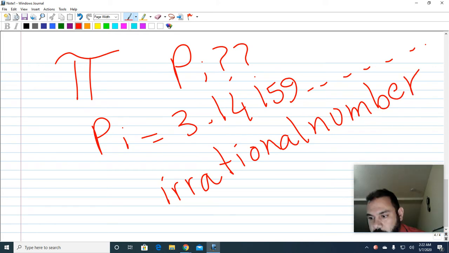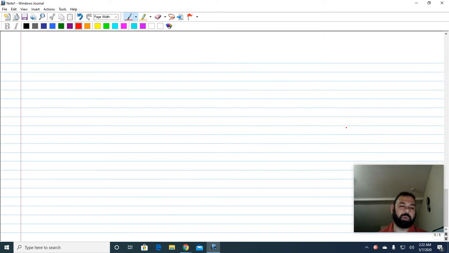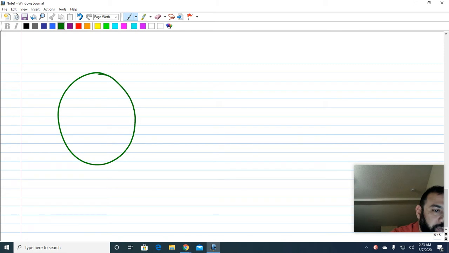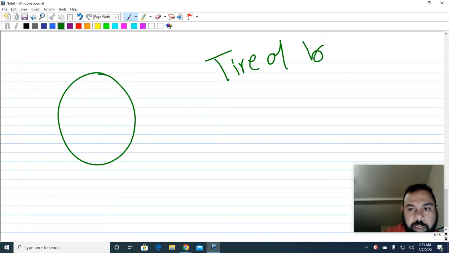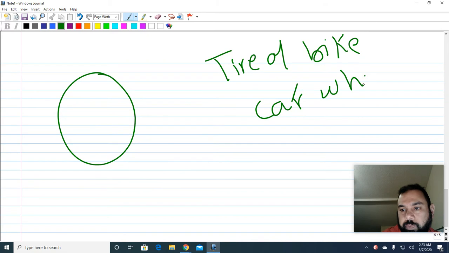Now, how did they find it? I was always wondering who found pi, and why is that number so accurate? Very simple. Take any rounded shape: the tire of your bike, the car wheel, the cup.